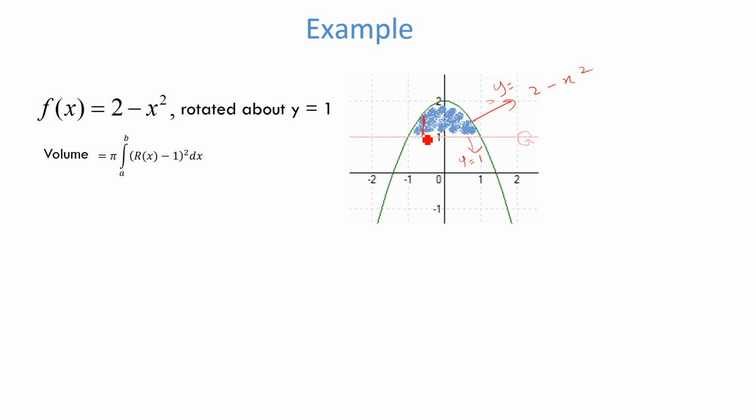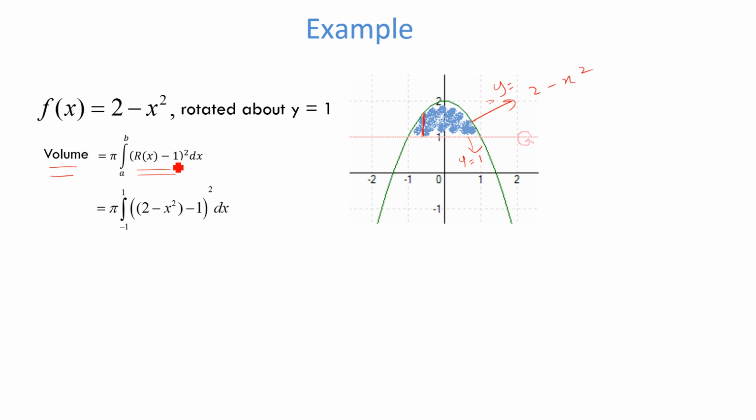So this height is coming from this y minus 1. So 2 minus x square minus 1, whole square, this is the radius. Alright, so you can say we have used the disk method to find the volume. So we have to find the right r here. So r here is 2 minus x squared minus 1.